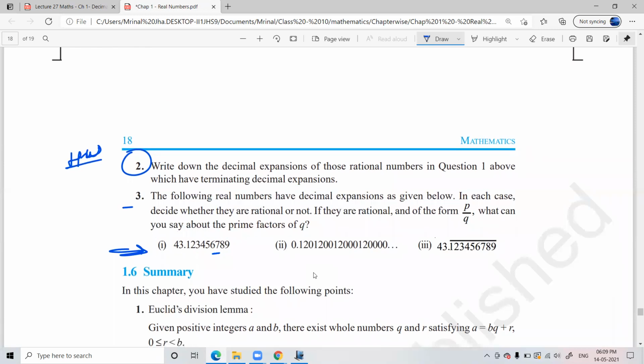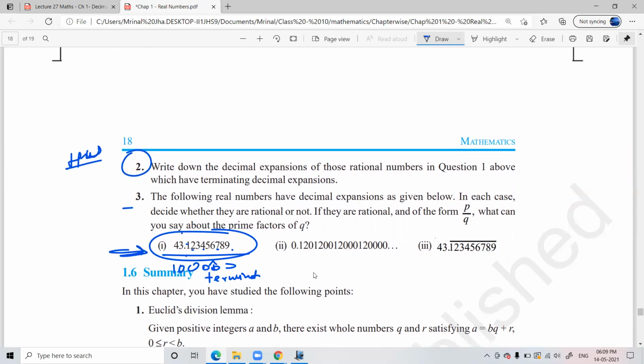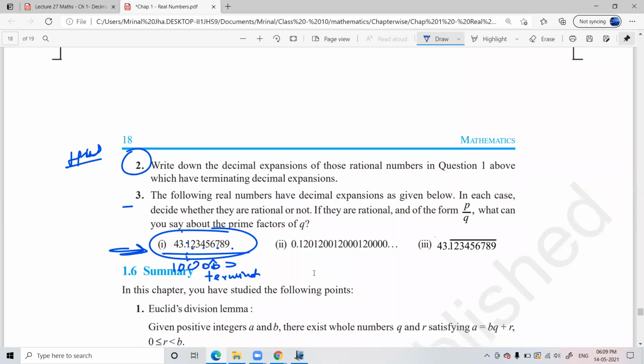Because it has a terminating decimal. Yes. Any terminating decimal number can be converted to p by q form. I can just remove the decimal, and in place of the decimal I put a 1, and however many digits there are, that many zeros. So it will become p by q form anyway. You don't have to do that, but you should know that it can be done.